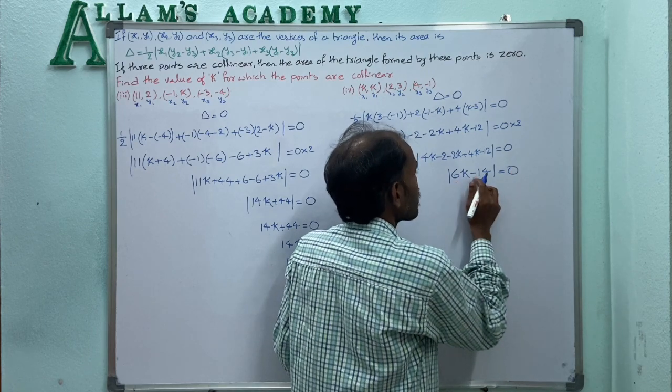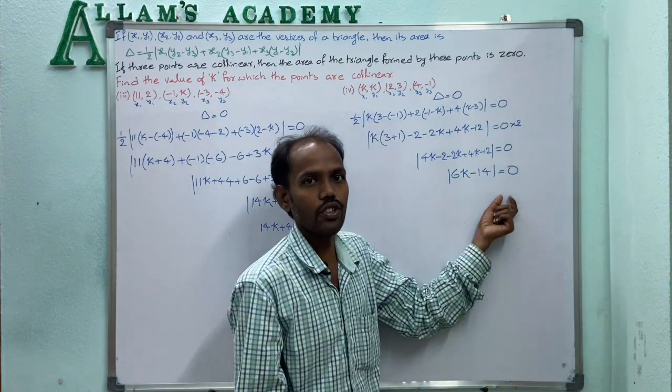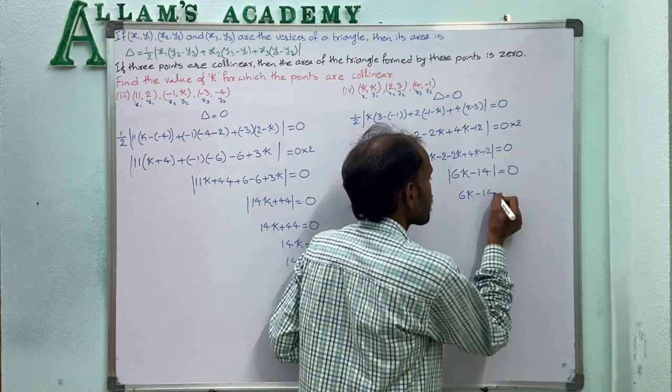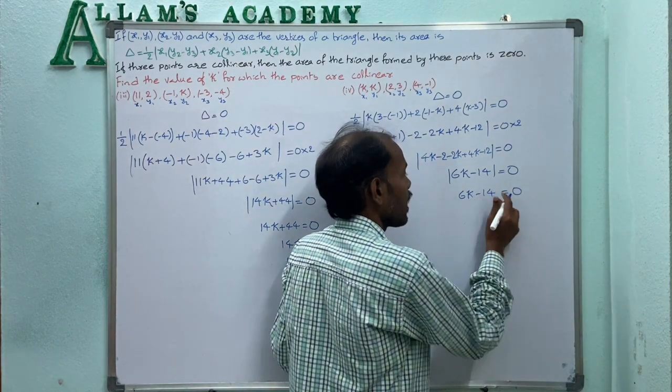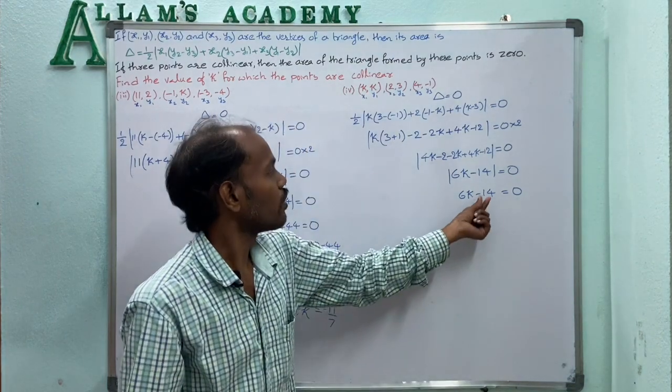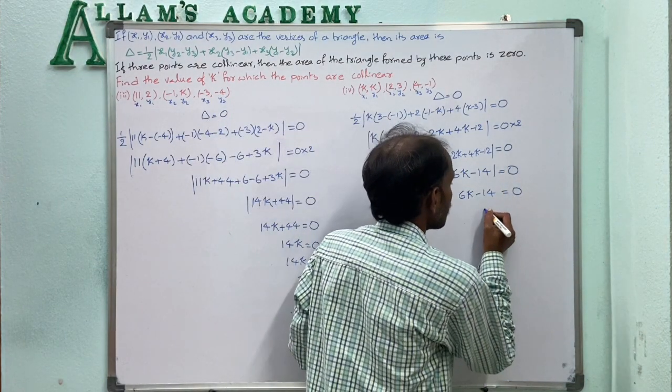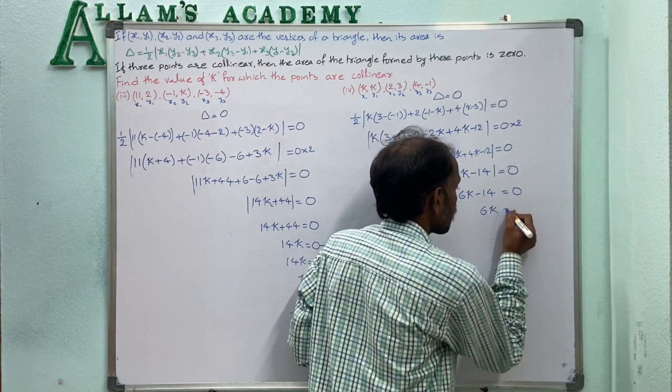So mod 6k minus 14 is equal to 0. Then in the mod, positive or negative, we take the positive value only. So 6k minus 14 equals 0. Now this minus 14 on the LHS transfers to the RHS, that is 0 plus 14, which equals 14.